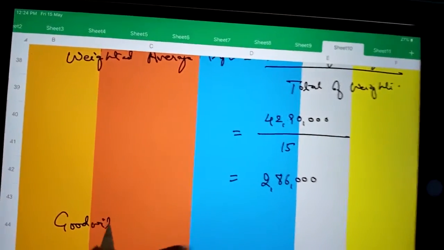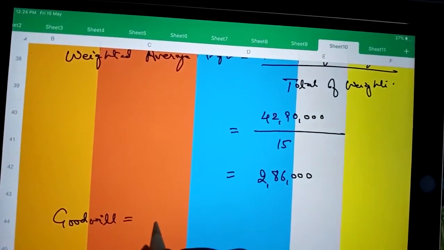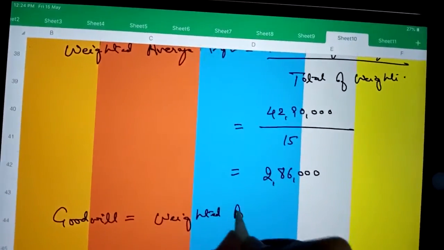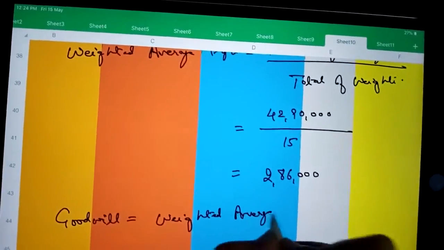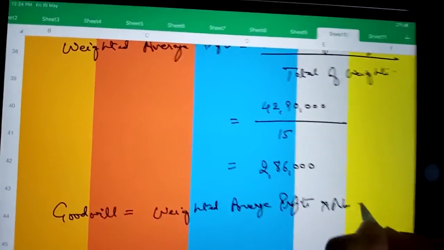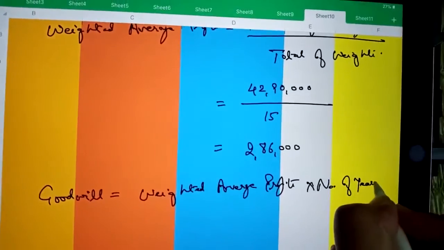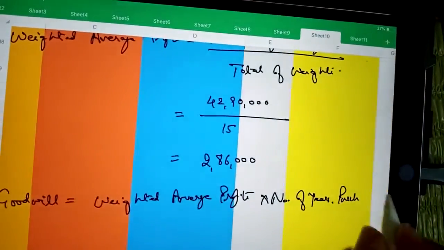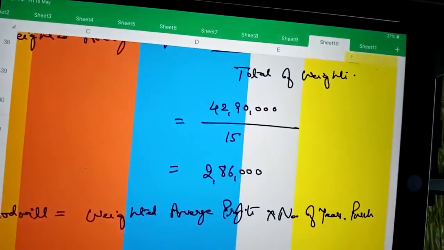And the last step is to calculate the value of goodwill. And goodwill is equal to weighted average profits multiplied by number of years purchase.